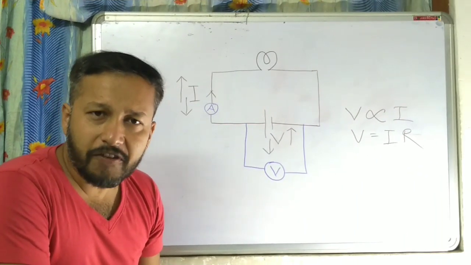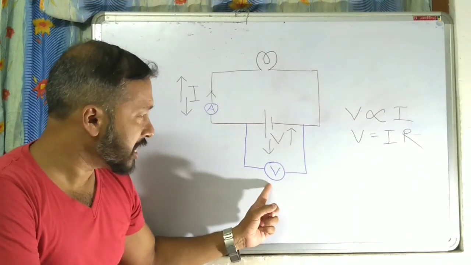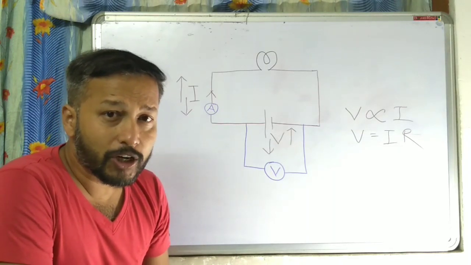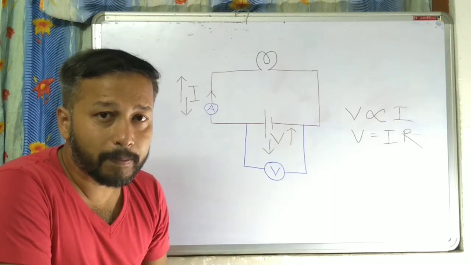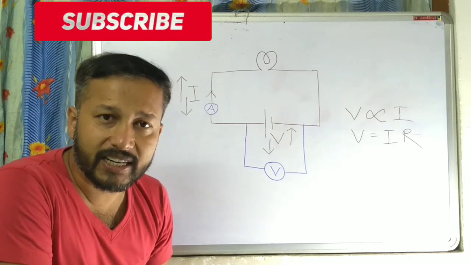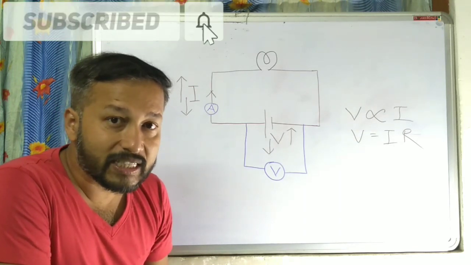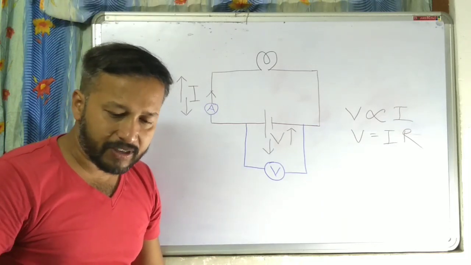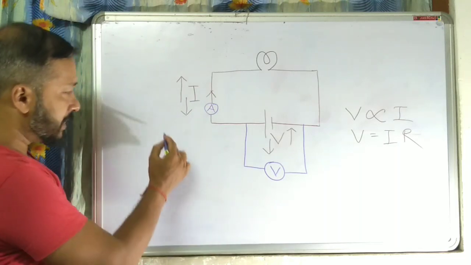Now, after finding this potential difference and current, if I ask you to draw a graph to show the relation between potential difference and current, we'll discuss the graph now. If you draw the graph, say this is my graph.